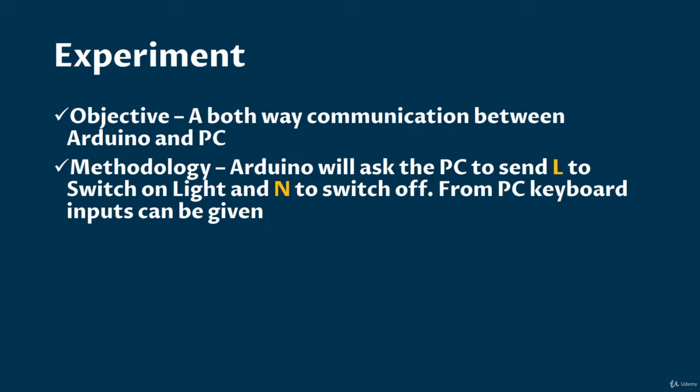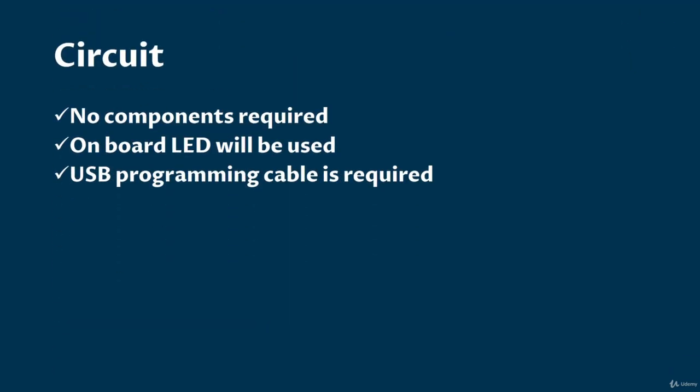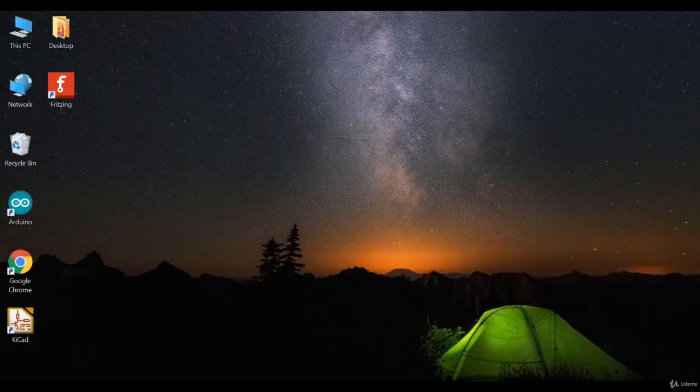So from the PC's keyboard, inputs can be given and the inputs will go to Arduino, and then Arduino will act accordingly. I'll write that program. For the circuit, no external components are required. We have the onboard LED at pin 13 and I need only the USB programming cable. So let's write the code first.